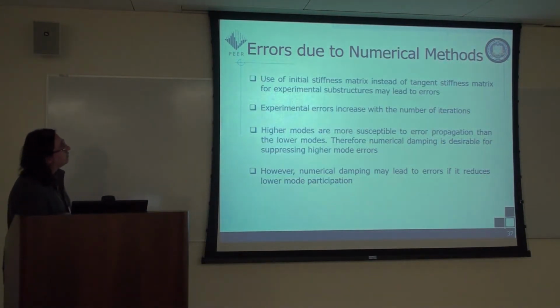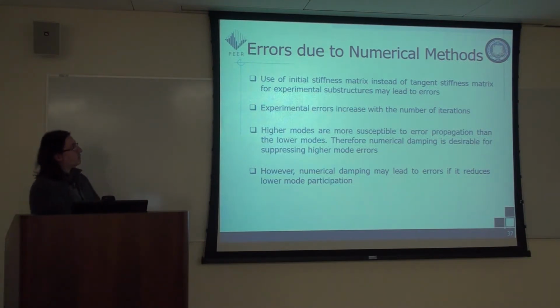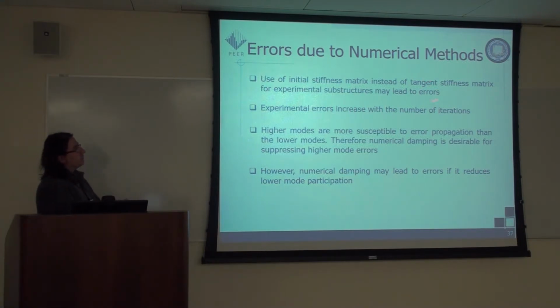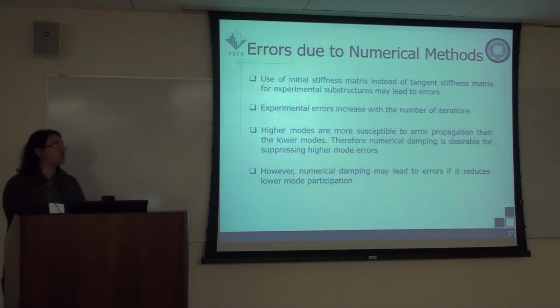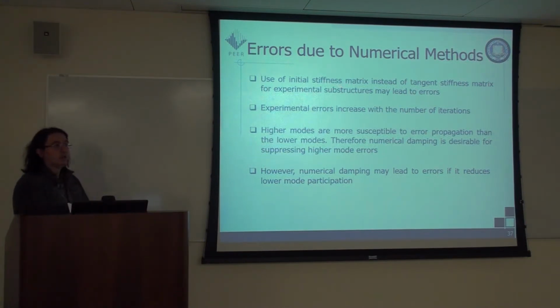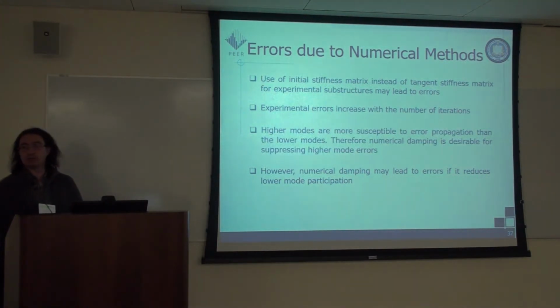And related to the errors due to numerical methods, as I mentioned, it is challenging to get the tangent stiffness matrix for an experimental substructure in the case of multiple degrees of freedom. So one solution to this is when you don't have this, you use the initial stiffness matrix for those integration methods that require the tangent stiffness matrix, and this may lead to errors.